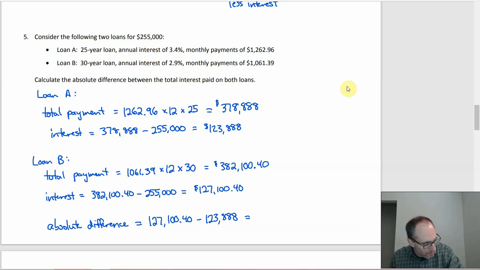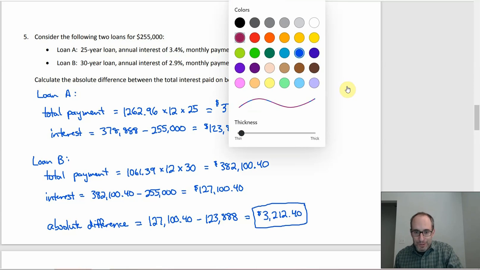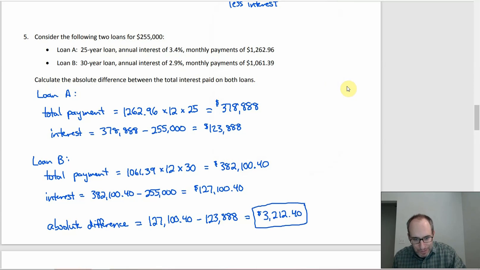And then that'll give you 3,212.40. All right, so I guess in theory this is an absolute value, so I'll just put the absolute value symbol in a different color. But if you do big one minus little one, that's the equivalent of taking the absolute value.